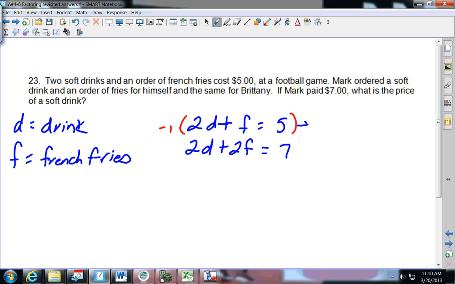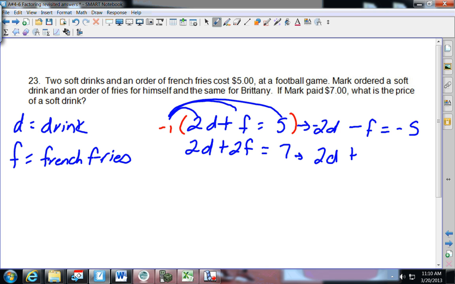So it becomes -2D. Remember, -1 times 2D. You're taking -1 times all of them. Minus the F equals -5. We didn't do anything to the bottom one, so rewrite that as normal. Well, the D's cancel out. 1F minus 2F is just an F, a positive F, equals -5 plus 7 is 2.